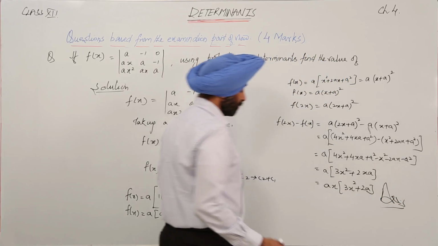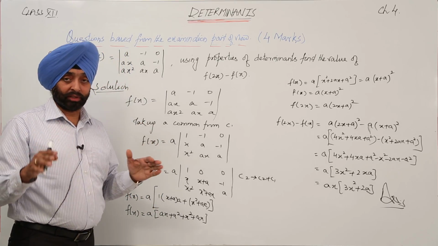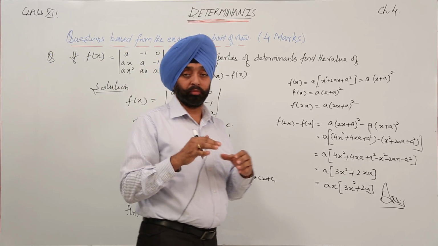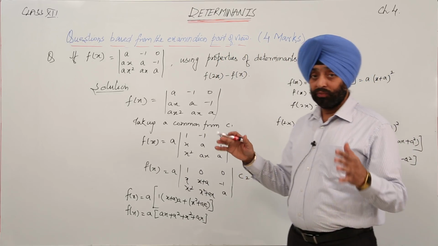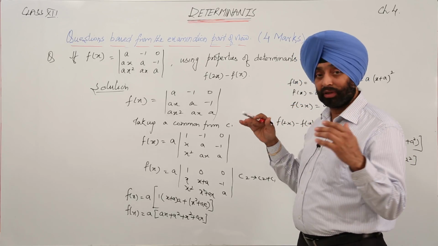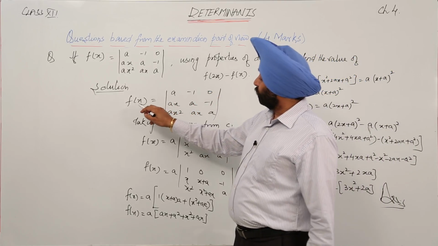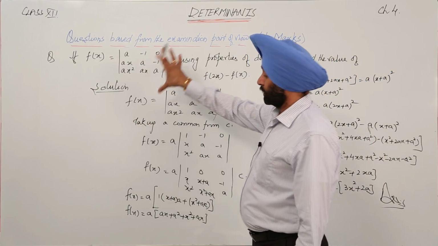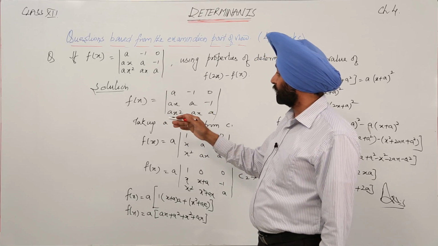Okay, so now this is one of the methods, an easy method and a time saving method. You can do one thing. What you can do, if you wish, looking towards the question, sometimes many students, when they write f(x), okay, it is given in the question. For f(2x), what are they going to write?